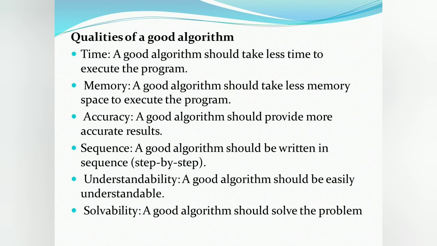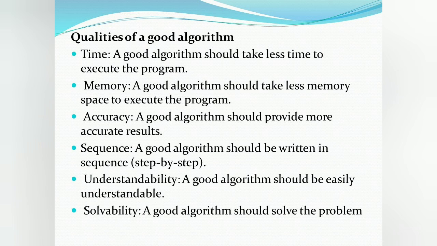The lesser the memory required, the better the algorithm. The third factor is accuracy. Multiple algorithms may provide a suitable or correct solution to a given problem. Some of these may provide more accurate results than others. Such algorithms may be suitable.